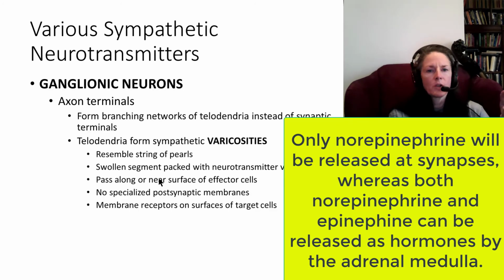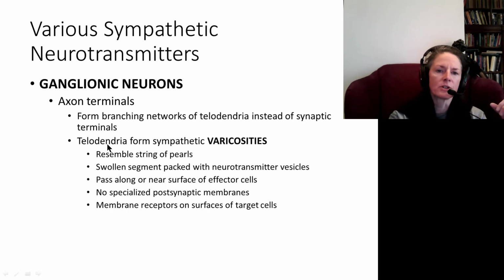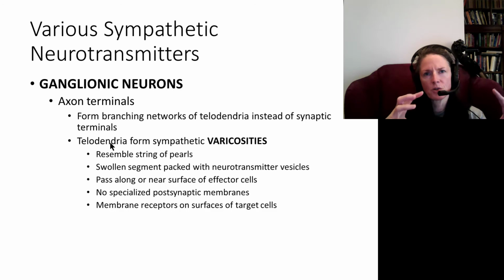So when we look at the ganglionic neurons, their postganglionic fibers are going to innervate their targets. Especially when we look at what we call adrenergic synapses, we're going to see that the telodendria, instead of ending in synaptic terminals, form chains that look like pearls on a string.